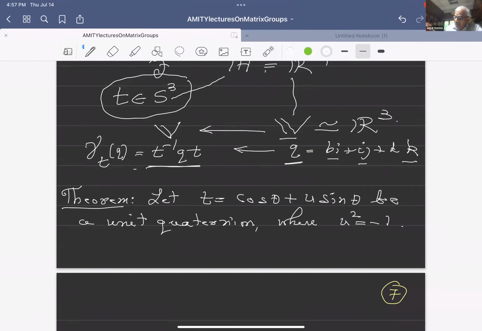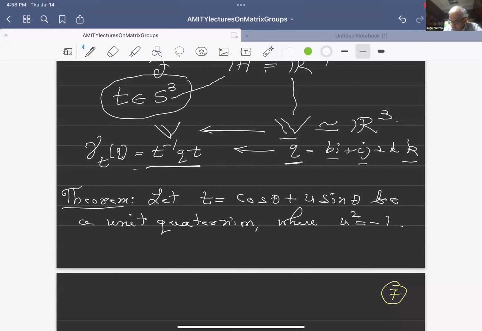So I showed you how a unit quaternion can be written like this. Take a unit quaternion which can be written like this, and this U is a vector in the 2-dimensional sphere. A vector in the 2-dimensional sphere has unit length, and this 2-dimensional sphere lives inside the space of imaginary quaternions.